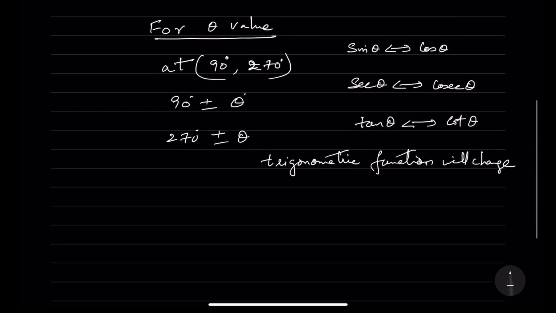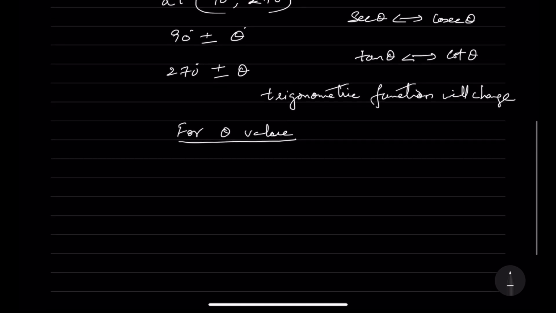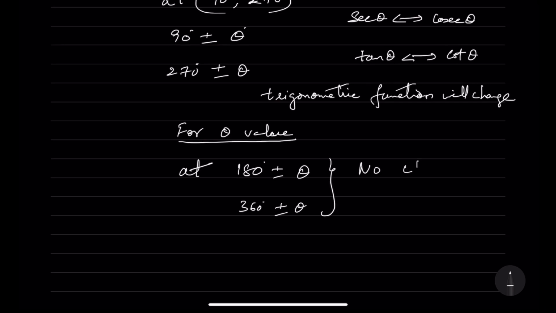And for the next one, where there is no change, that is for theta values at 180 plus or minus theta and 360 plus or minus theta, here you can see that there is no change in the trigonometric function.